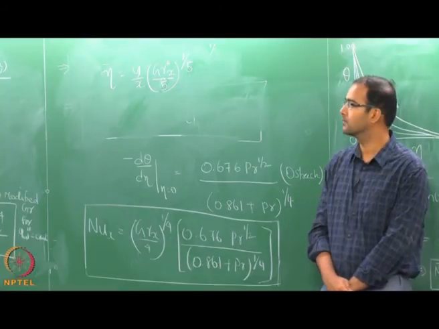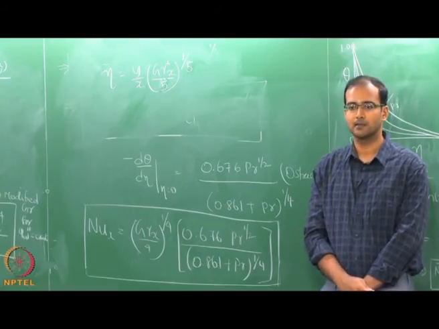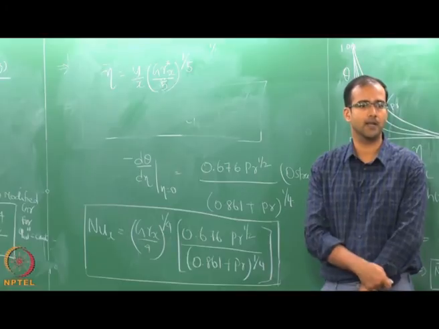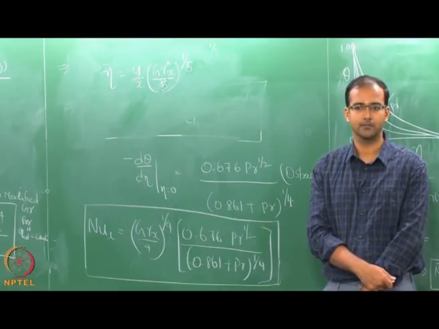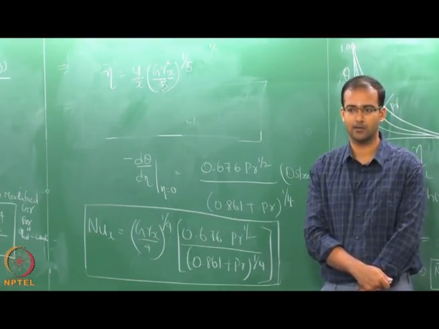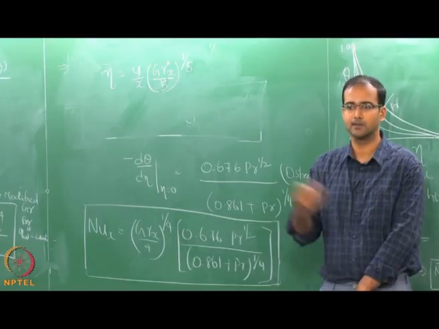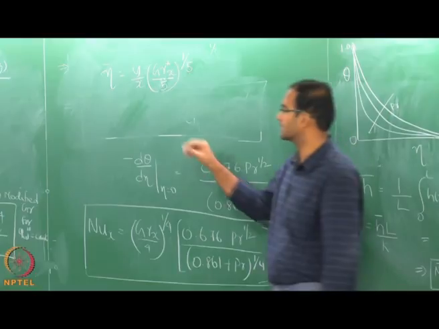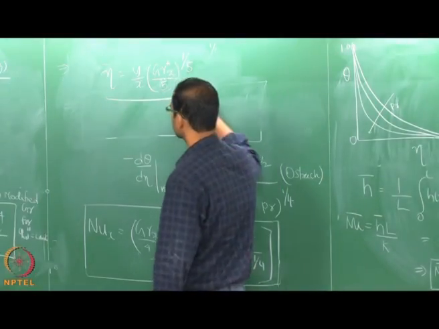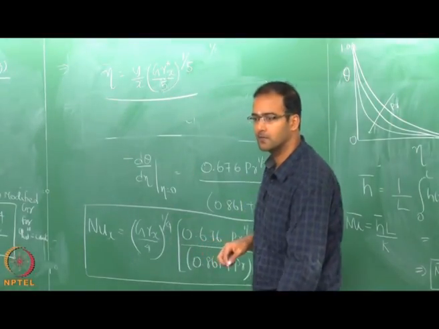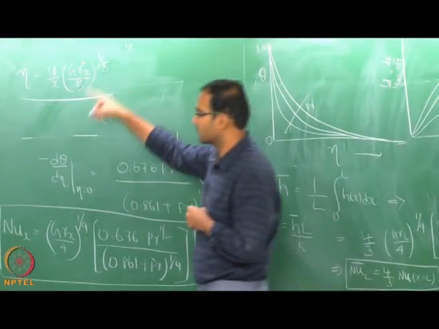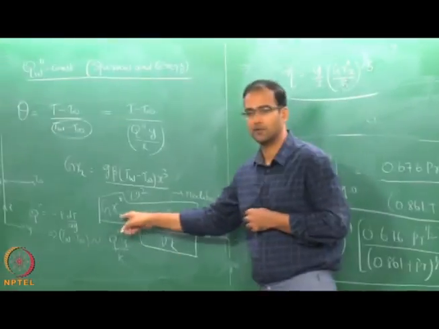Therefore, you have to modify it a little bit. If this is the right modification, you should be able to find a similarity equation. We will check how we convert this into a similarity equation. But basically this is the starting point. We redefine the similarity variable in the constant heat flux case, because we have now defined a new modified Grashof number.